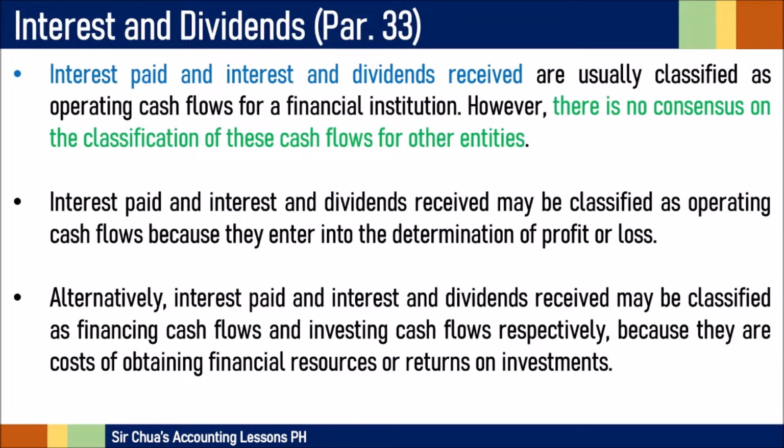That's why you have an alternative to present your interest paid as financing cash flows. And then for your interest and dividends received, you can also present it on investing cash flows because interest income sometimes arises from any investments in debt instruments. Or you also have dividend income because you have investments in associates.